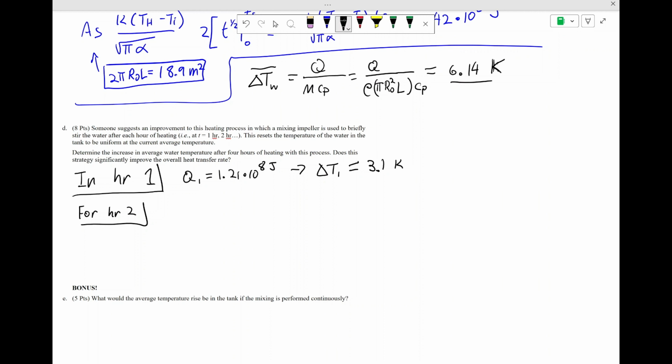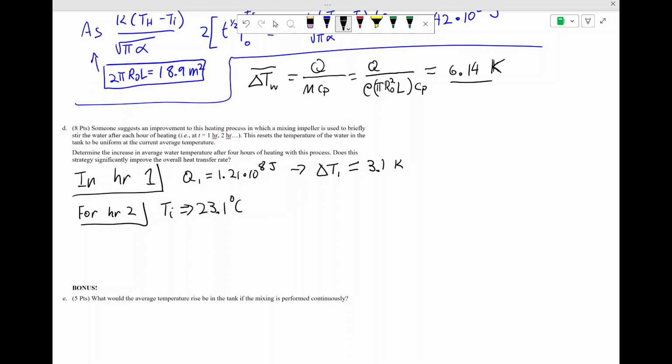And it's uniform not at the temperature at the very beginning of the process of 20 C. So now our initial temperature for the second hour is not 20 C, but 23.1 C because of that 3.1 K difference.